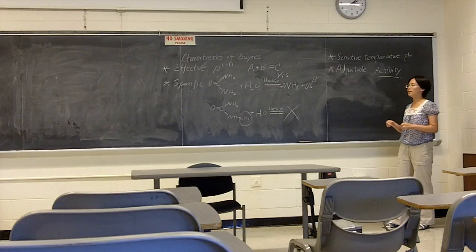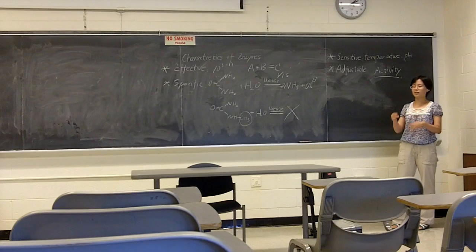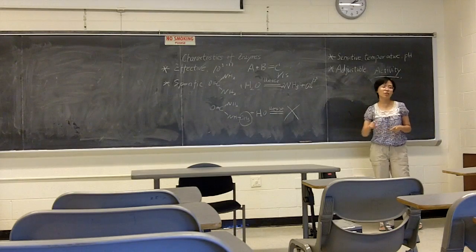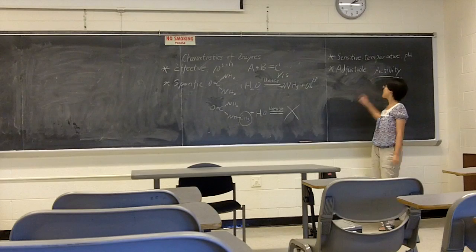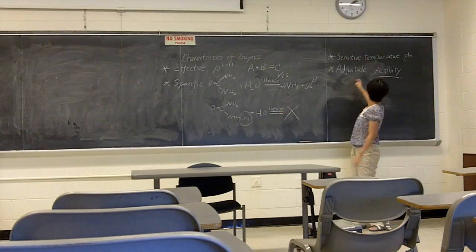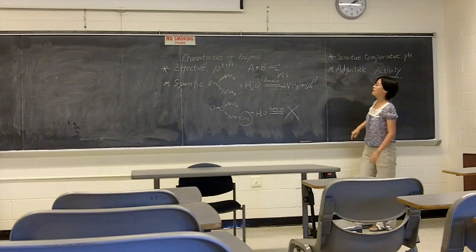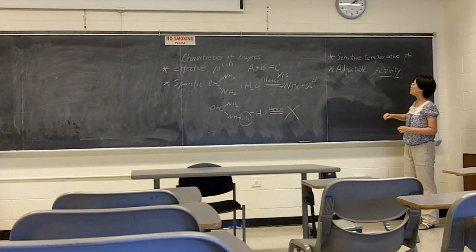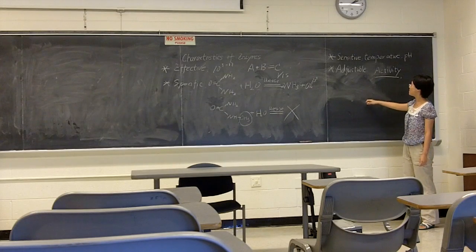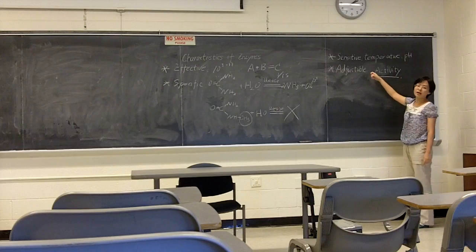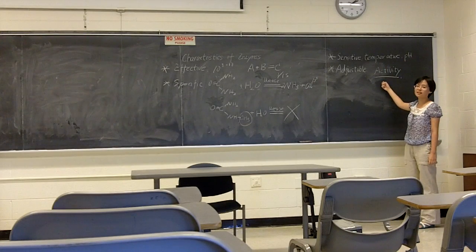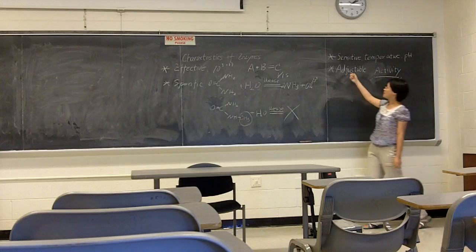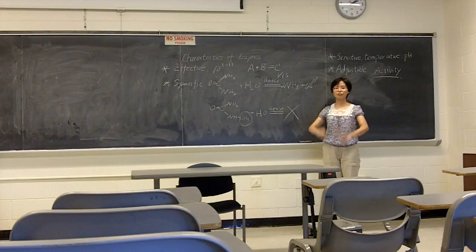We can change the amount of the enzymes, or we can introduce an inhibitor or activator, or we can use hormones to adjust the activity of enzymes. It is not the same as sensitive, because even at the same temperature and same pH, if we add an inhibitor, the activity of enzymes will decrease a lot.